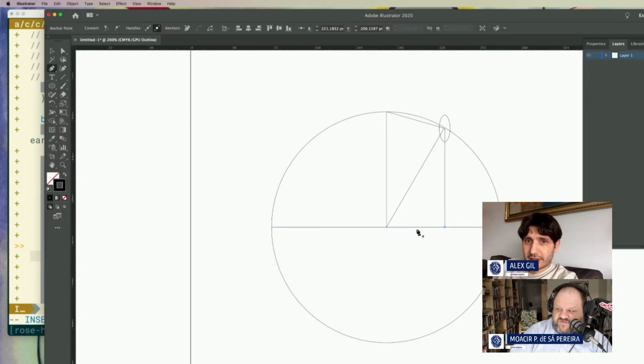Correct. And this value is the x value for this point, and the length of this is the y value for this point. So given that we know this angle and this angle, if we can calculate these two, then we'll know how to get this point.